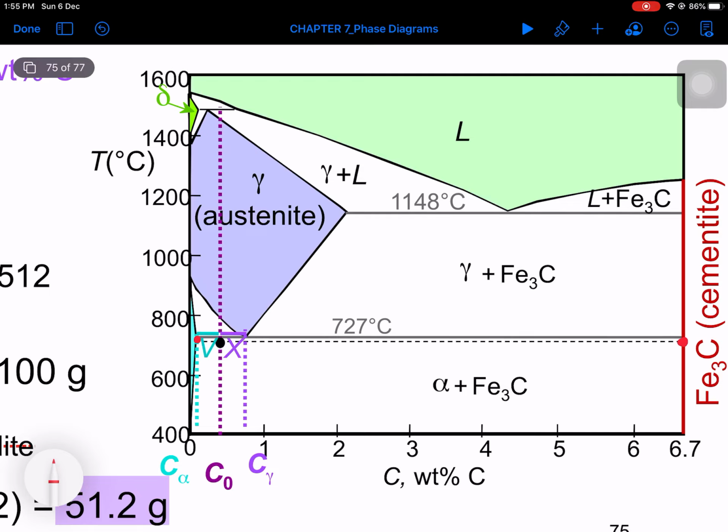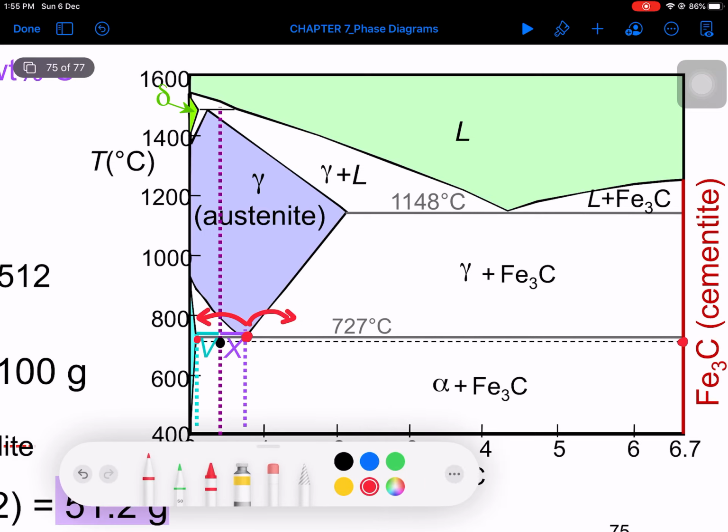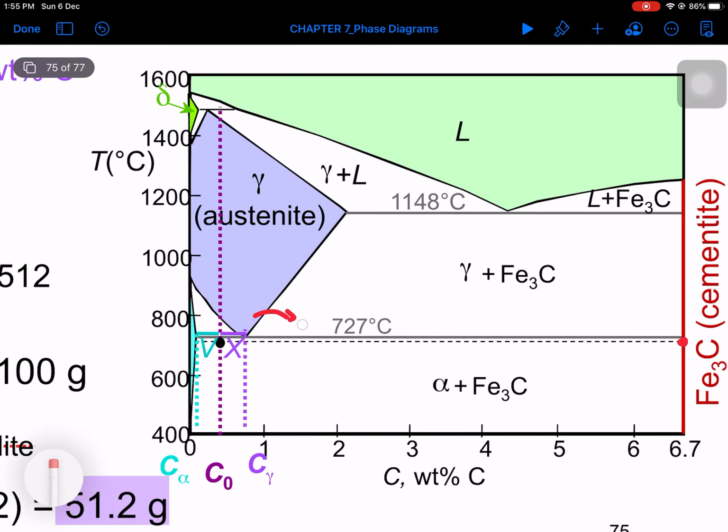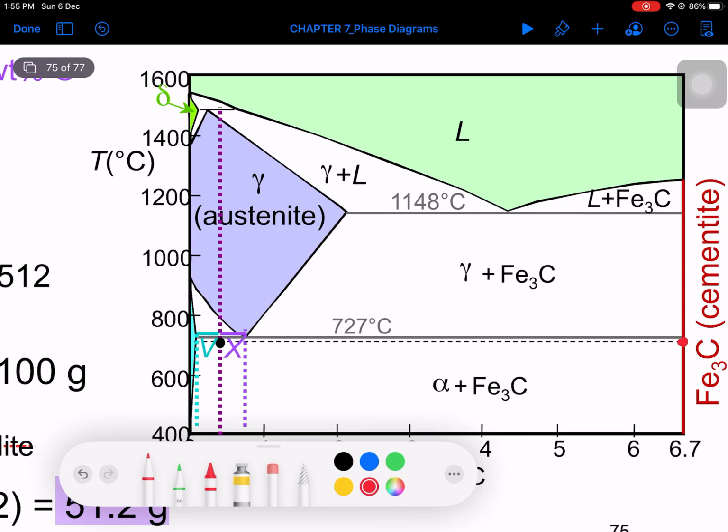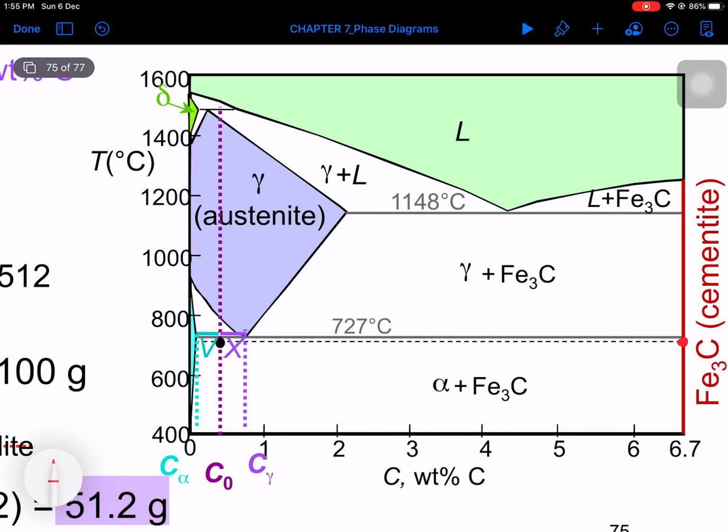The proeutectoid alpha ferrite only occurs to the left hand side of the eutectoid point. On the hypereutectoid steel range, there is no more proeutectoid alpha ferrite, because it occurs only within this small area.